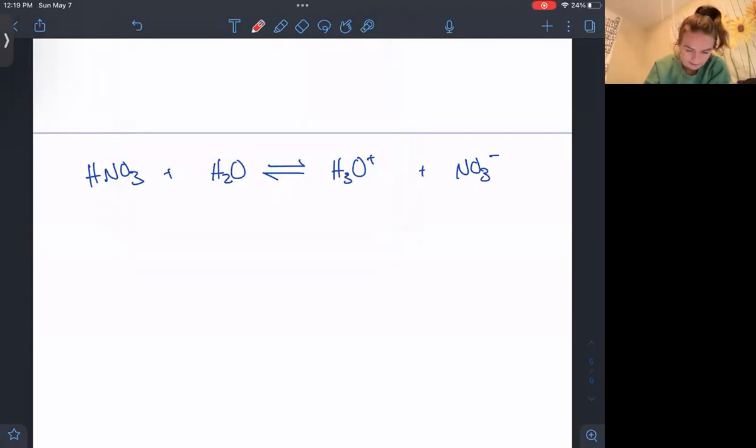Good, this was a strong acid. A strong acid means that it has a proton to donate. So your H plus, or this H here, is your proton. So it is a proton donor as your definition of an acid. Your proton donor means that that's going to be your acid.